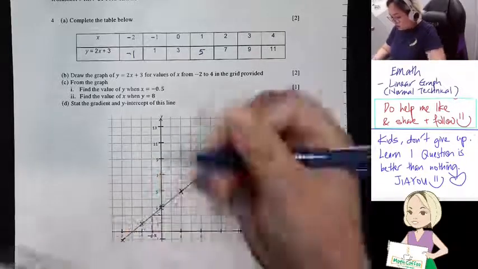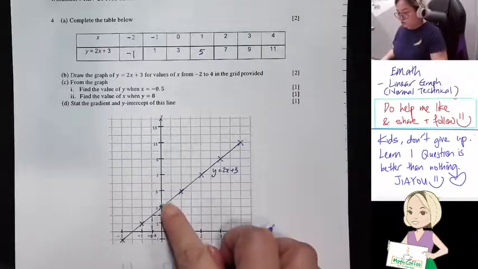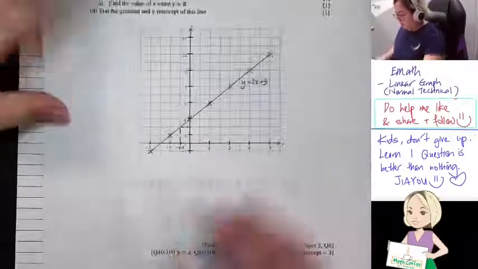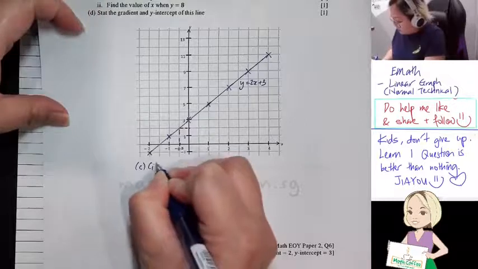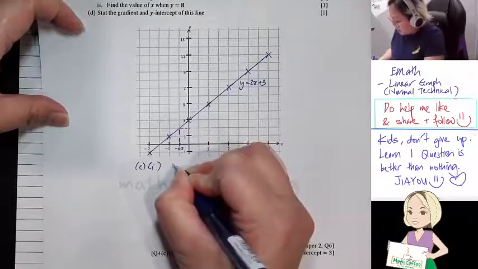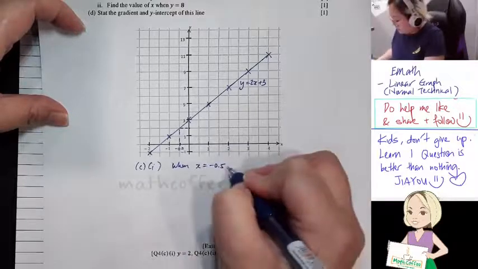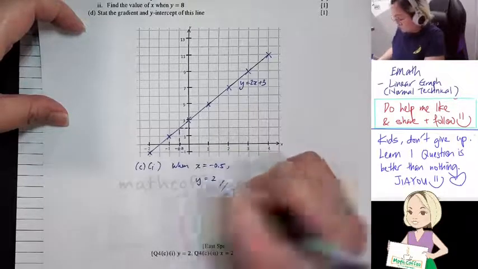That's the corresponding y. It's between 1 and 3, so that means it is 2. So you will state, part C 1, when x is equals to negative 0.5, my y is 2.